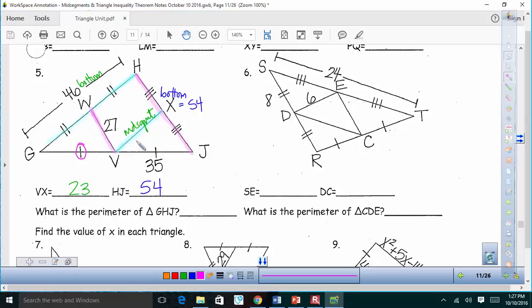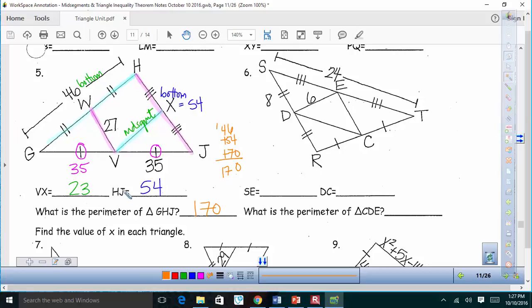Because of these tick marks right here, we know that this length and this length is the same, so this would be 35. So to find the perimeter, we add all the sides together. We would do 46 plus 54 plus 35 and 35 is 70. This would give me 170 as my perimeter.